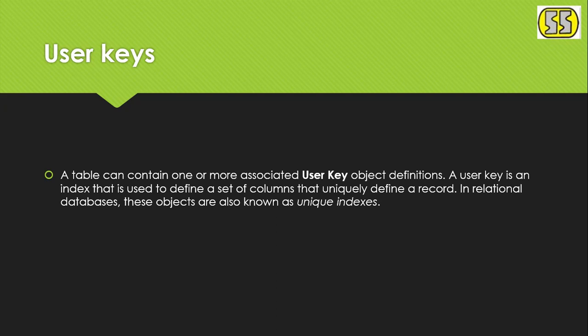So we can take three different columns and combine them to make the user key. When a new record is inserted, it will cross check: with these three combinations, name, email ID, and date of birth, is there any other record present? If it is present, Siebel will not allow creating this record.